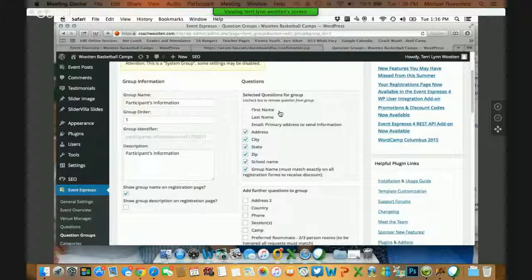That is a single participant: their first name, last name, email, address, city, state, zip, school name, group name. So these are the things that have to go on just about every registration for a child participant who attends either overnight or day camp, as well as small group training or a camper clinic.